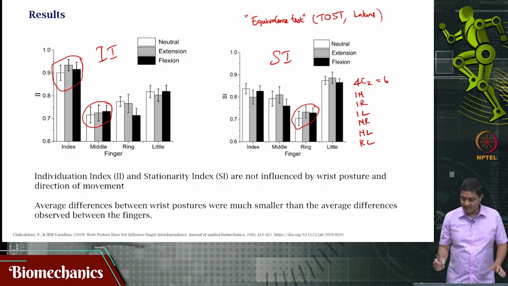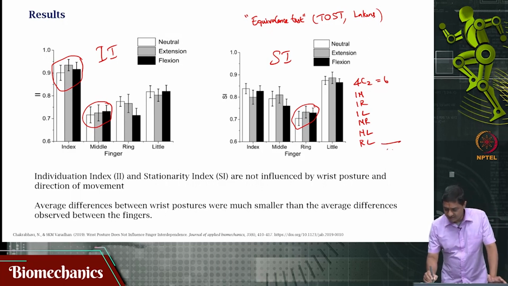So, I expected, let us say, the average difference in the individuation index is some x and the average difference in these pairs in stationarity index is some y, right.